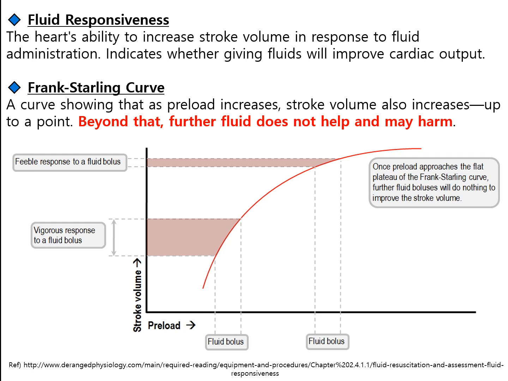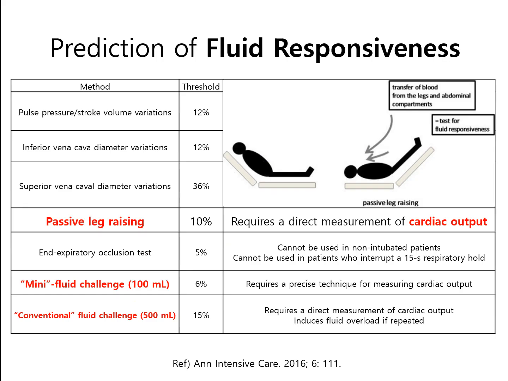The Frank-Starling curve illustrates this. Stroke volume increases with preload up to a point, but beyond that, further fluid doesn't help and may harm. Passive leg raising is one method to predict fluid responsiveness.